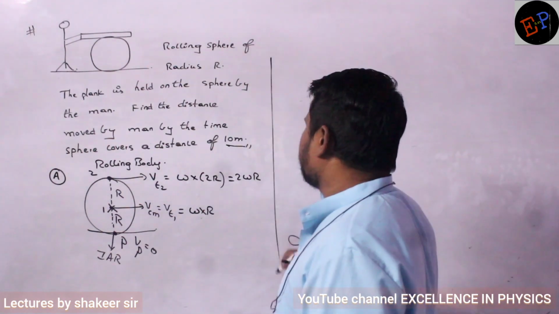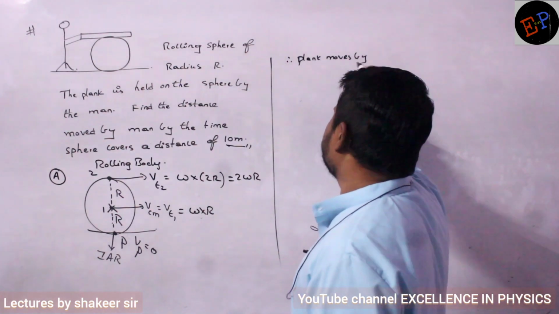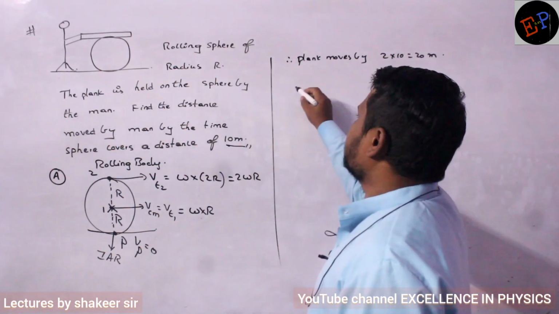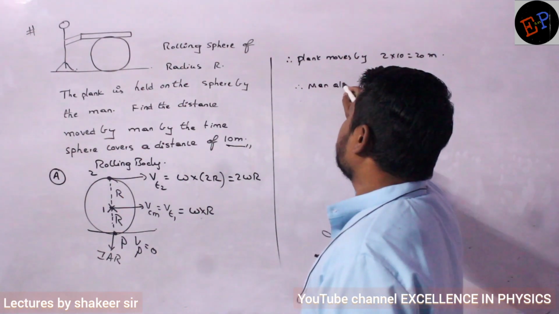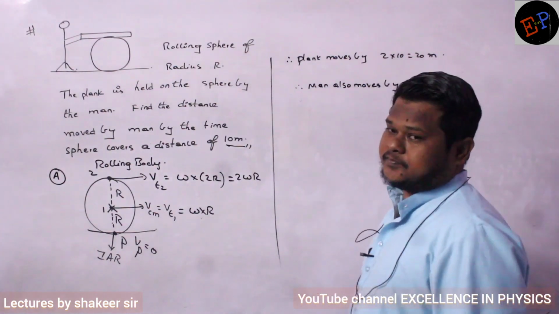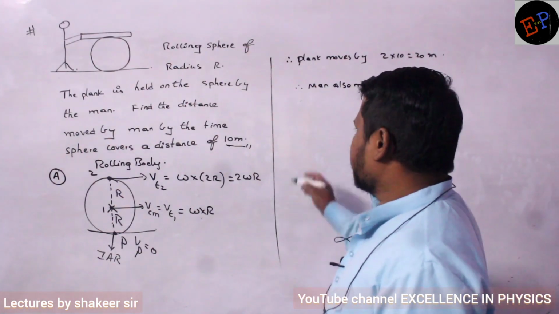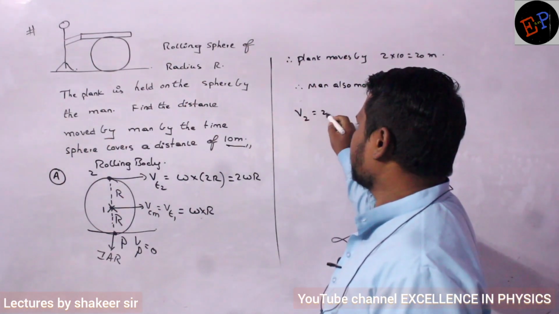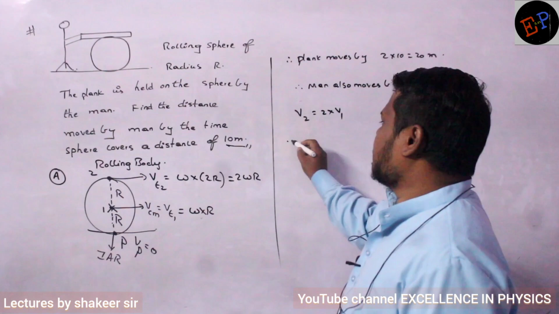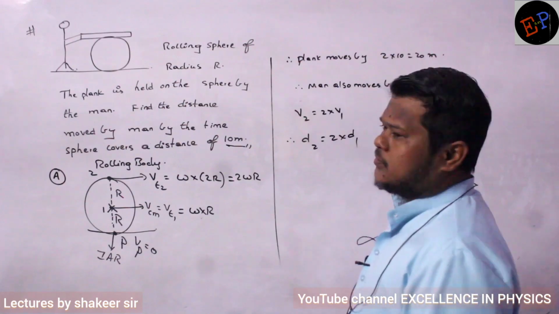So the plank moves 2 into 10, 20 meters. So the man also moves by 20 meters. That's all. Very simple concept. Because the velocity of point number 2 is 2 times the velocity of point number 1, the distance travelled by point number 2 will be double the distance travelled by point number 1.